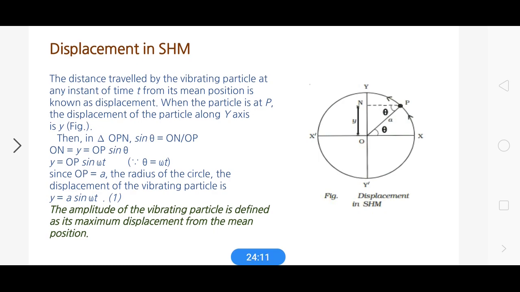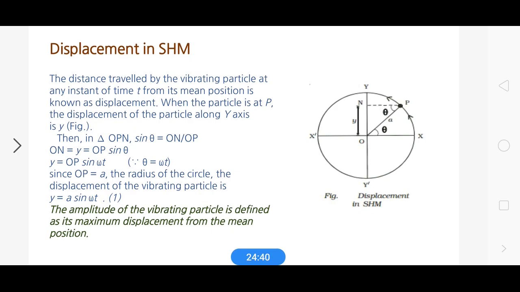Now we are going to find the expression for y. To find the expression for y, I am considering a triangle. OPN is a triangle, and theta is the angular displacement. So I am considering the trigonometric ratio sine theta. It is opposite by hypotenuse, that is ON by OP.